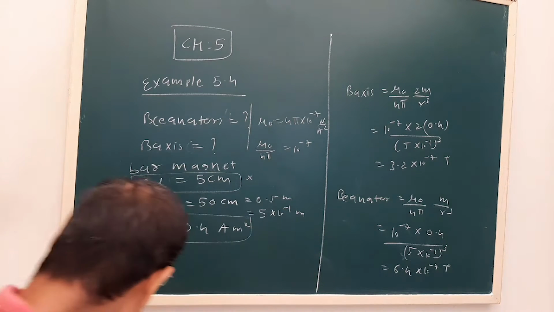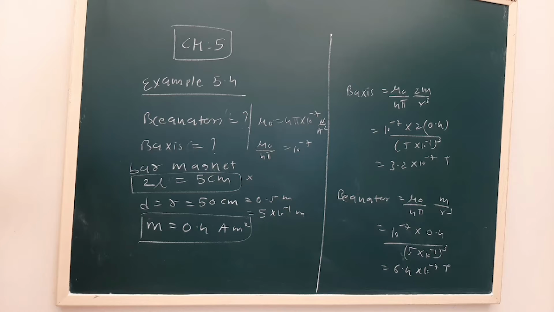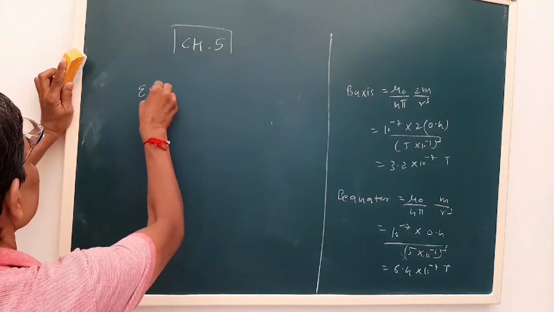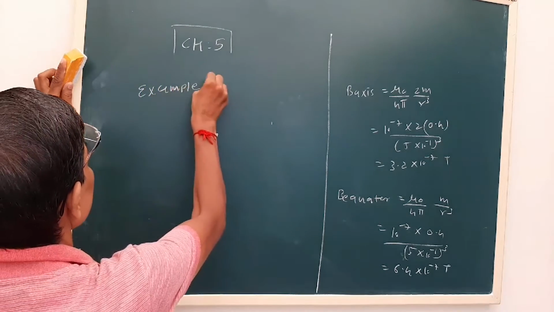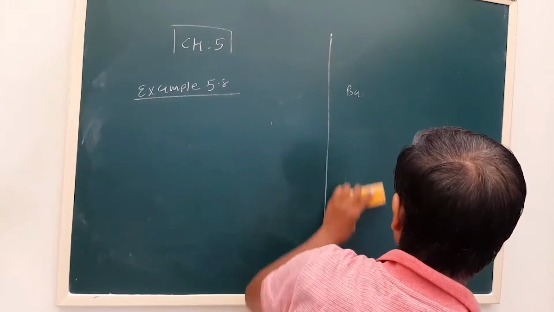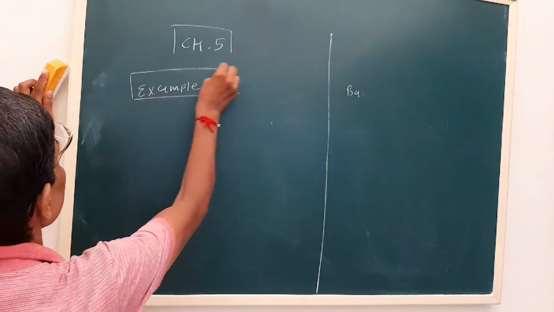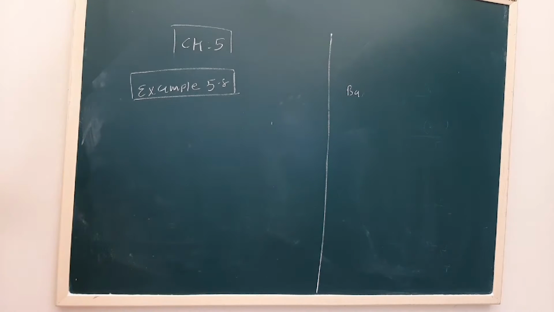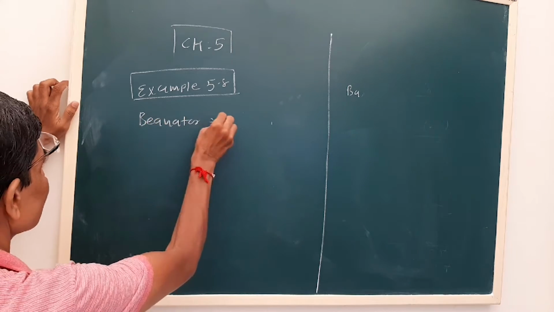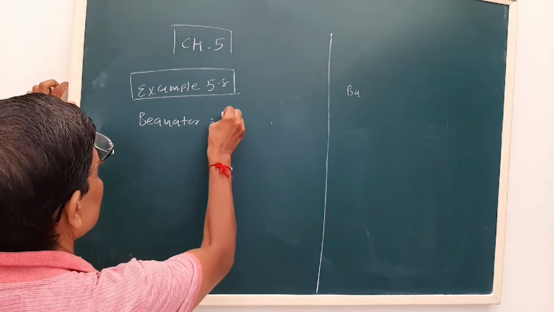Now we take the next example, that is example number 5.8. Earth's magnetic field on the equator is given as 0.4 Gauss.